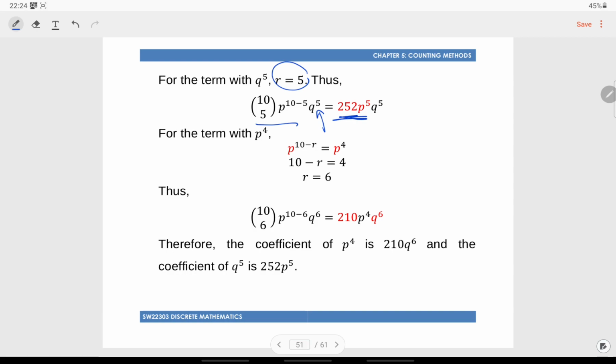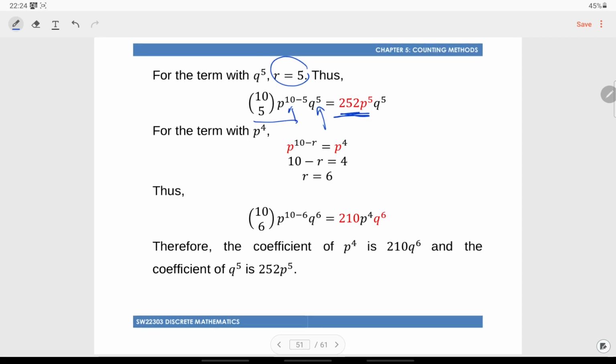For the P4, we have the term P to the power of 10 minus r. We want it to become P to the power of 4, so we pair these two as an equation. Because we have the same base, we just focus on the exponent value. 10 minus r equal to 4, which can be solved as r equal to 6.